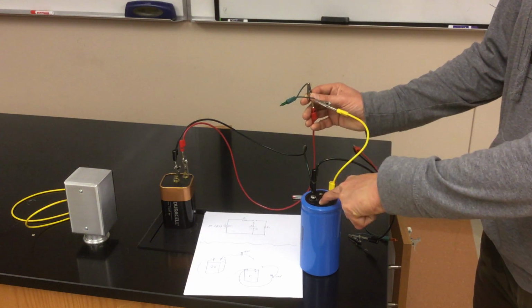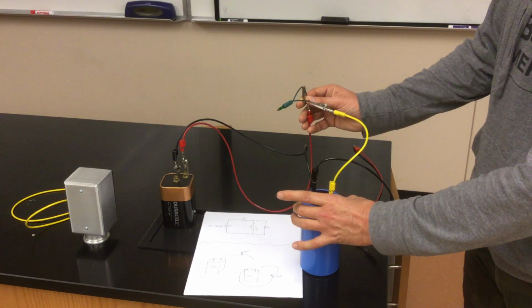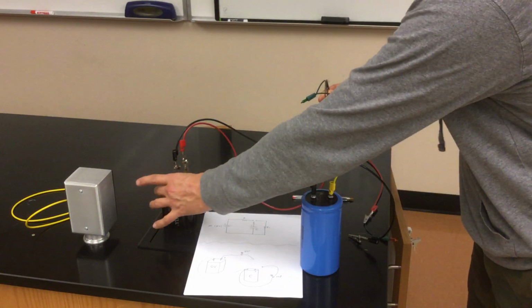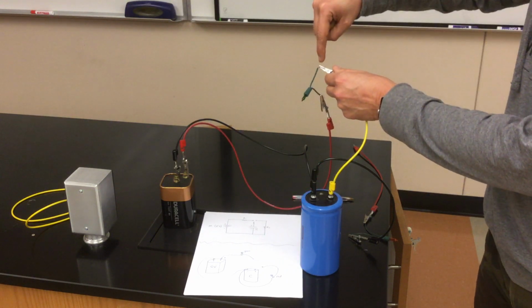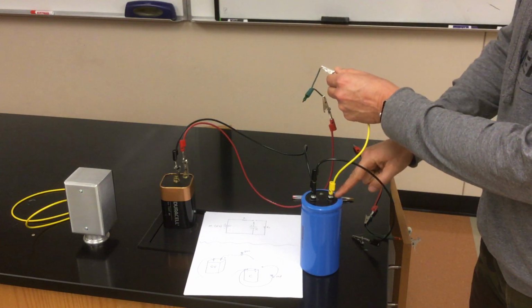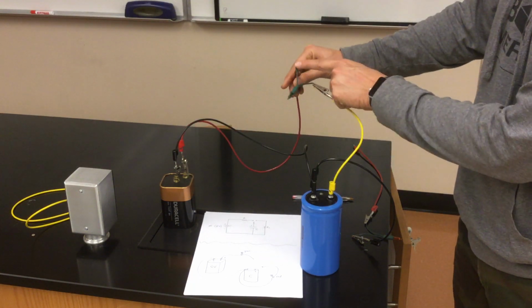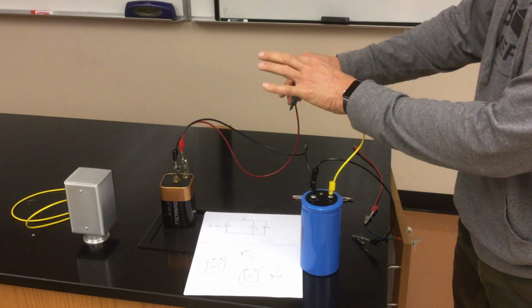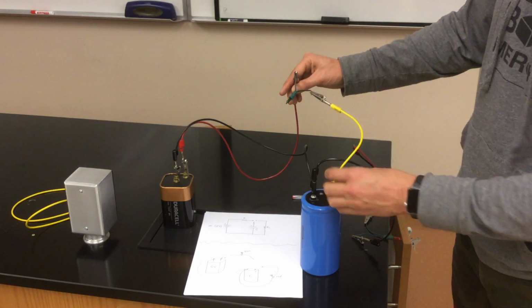Because the capacitor gets to a point where it's fully charged. And when it's fully charged, its electric potential difference matches that of the battery. And so there's no difference in electric potential from the positive terminal of the capacitor compared to the positive terminal of the battery. Both of these points are at high potential, but there's no difference in electric potential, and so the light bulb isn't glowing anymore.